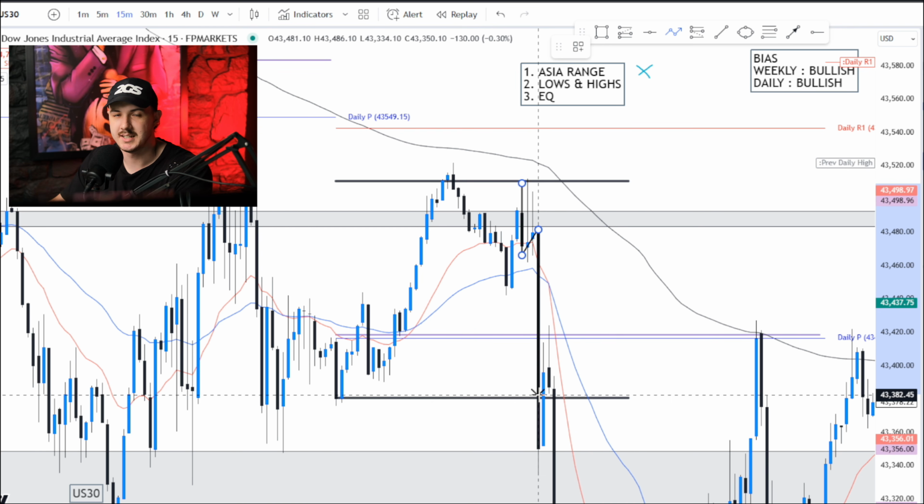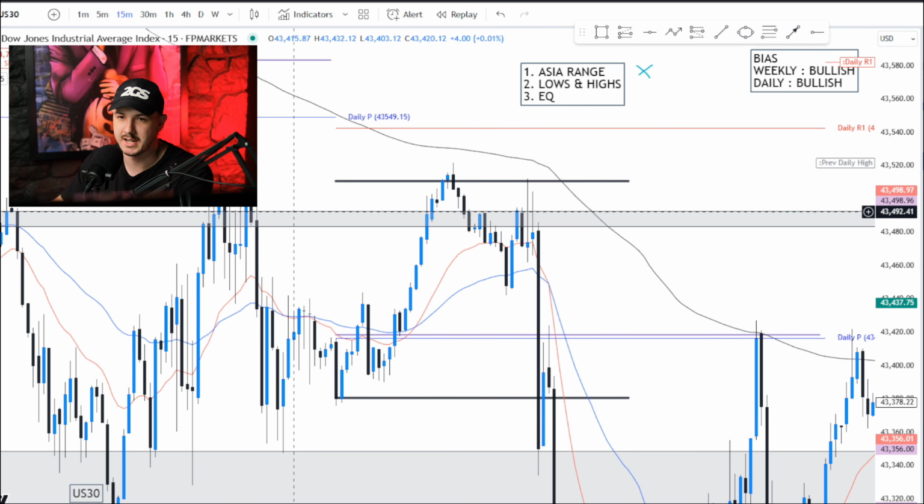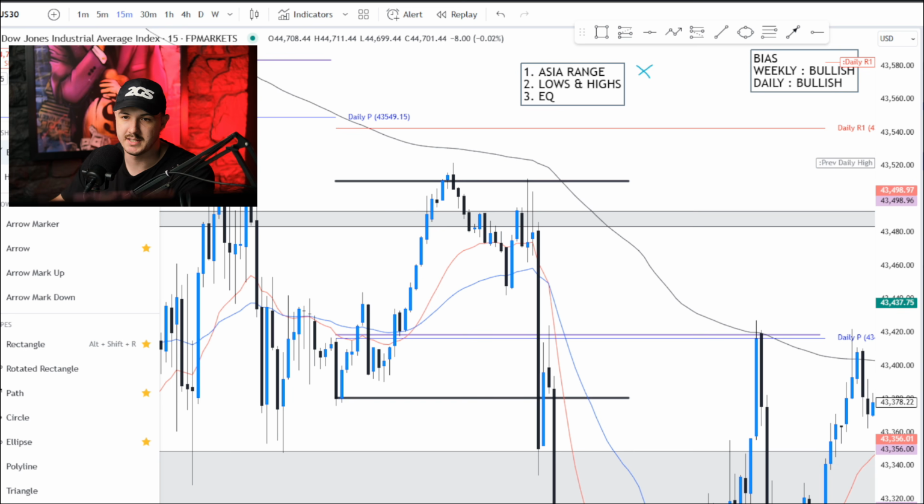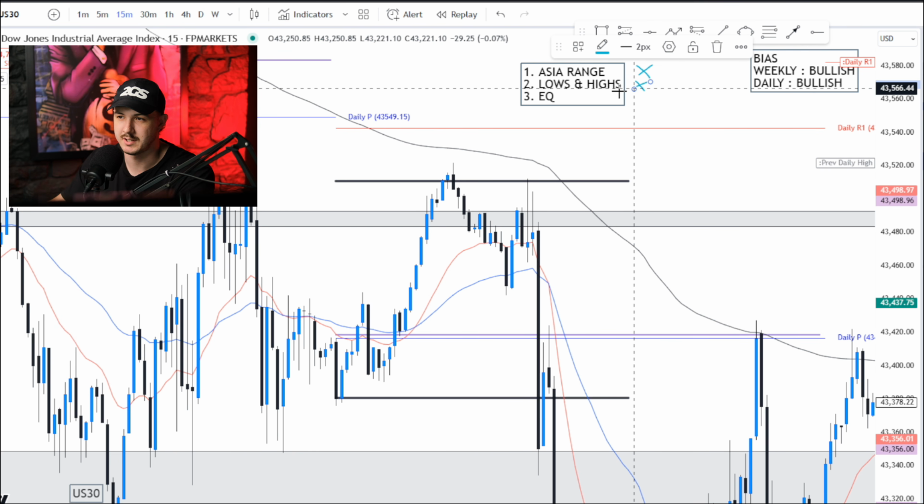Stick to the rules, they're going to pay off. You see the lows, bang, Asia lows, on the retest, smashes right through. So there is your sweep, because immediately after that it turns around, hence your fake out back into the range. There is step number two done for you guys.